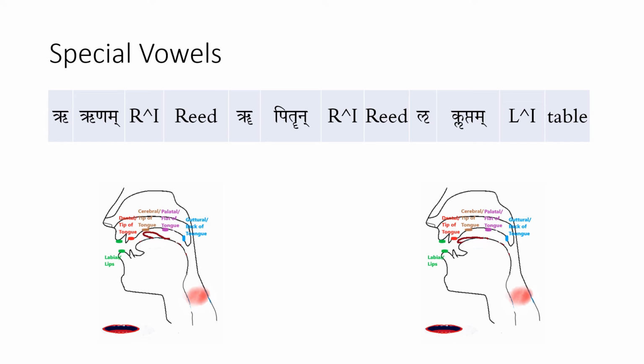This vowel, because of its script here, is sometimes confused as r or lri, and some people actually try to pronounce it like that, like lri, which is incorrect. It is a vowel and it has to be pronounced without any touch anywhere in the oral cavity.